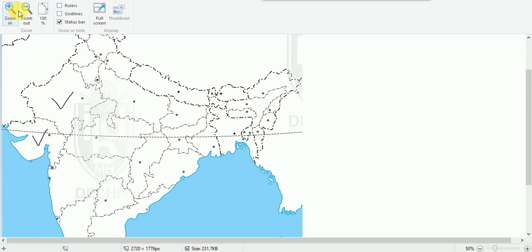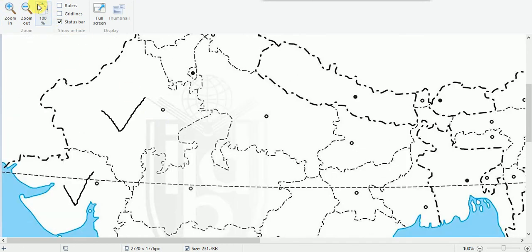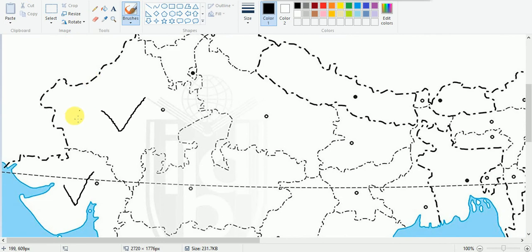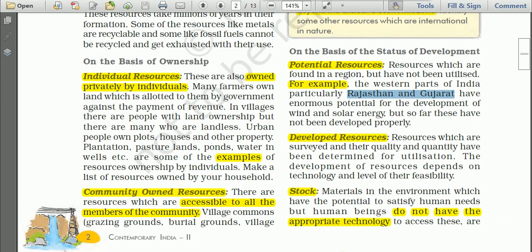In these states, wind energy and solar energy can be harnessed, but utilization has not started, and hence in these regions wind and solar energy are examples of potential resources, because in this area these so far have not been harnessed properly.